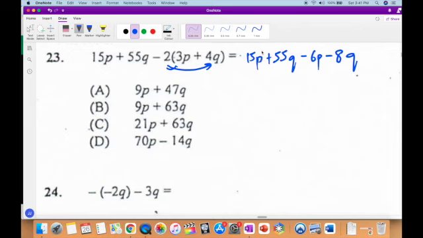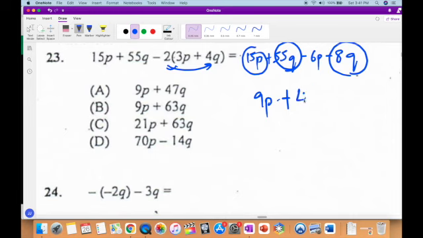Now I could say, well, 15 minus 6 is 9P, and then 55 minus 8. So 55 minus 5 is 50, minus another 3, which is 47. So we have this answer here, 47Q.